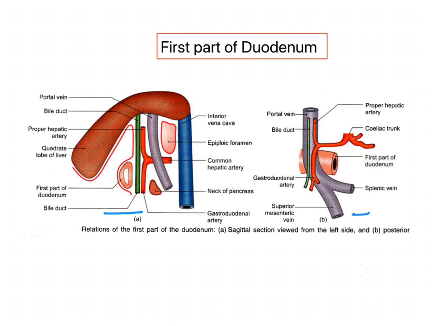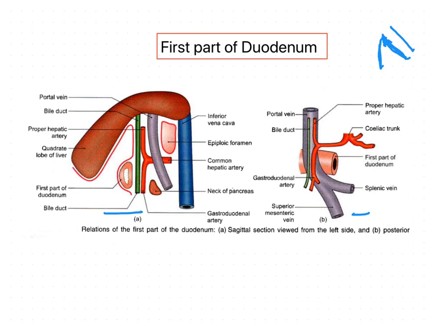The first part begins at the pylorus and passes backwards, upwards and to the right to meet the second part at the superior duodenal flexure. So this is the first part, and then this becomes the second part up to here.